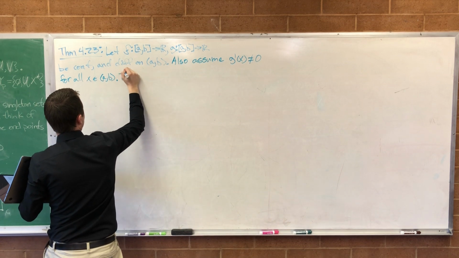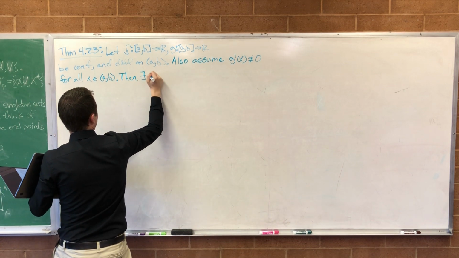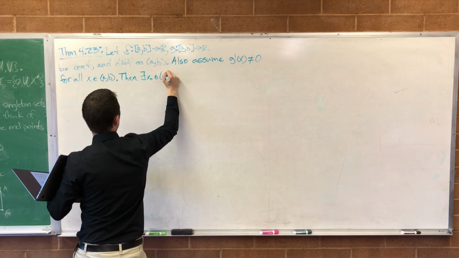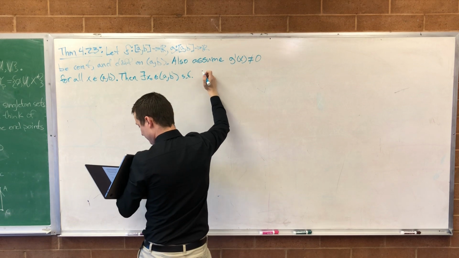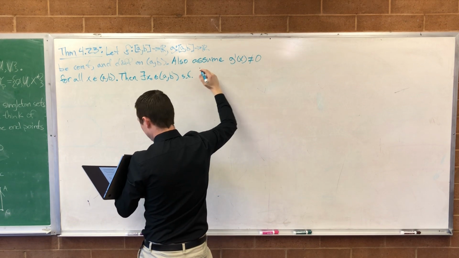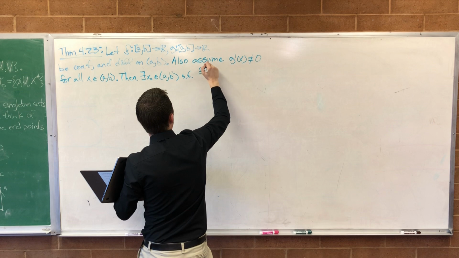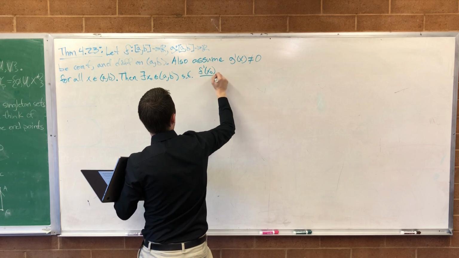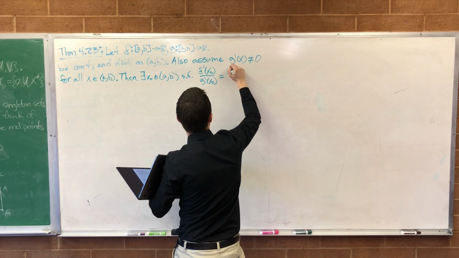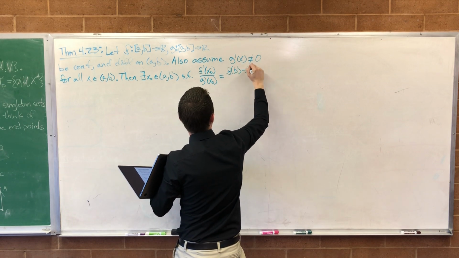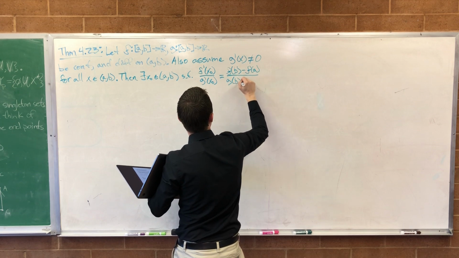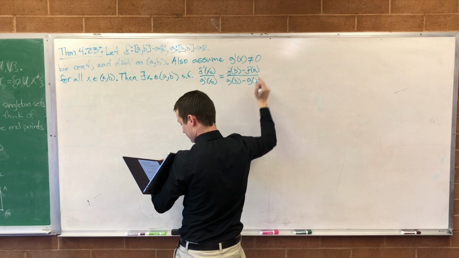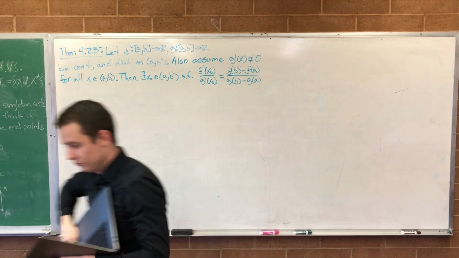Then there exists x naught in the open interval (a, b) such that f prime at x naught over g prime at x naught is equal to f of b minus f of a all over g of b minus g of a.